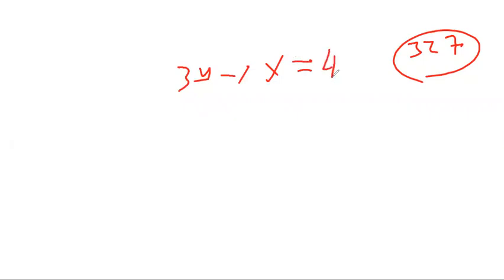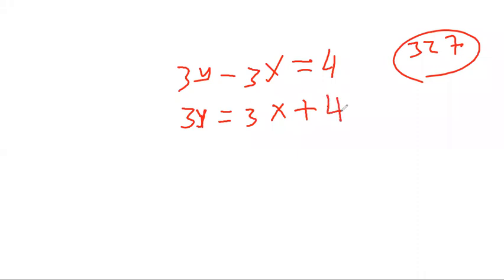Very good. So it's 3y minus 3x equals 4. Your friend said, Mr. Abdurrahman, I write it 3y equals 3x plus 4. This will be the first step.